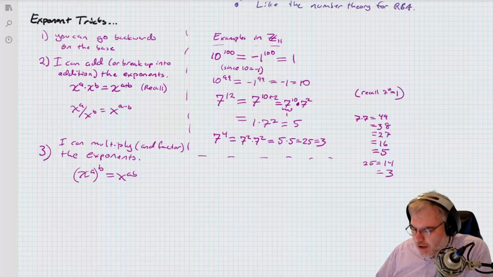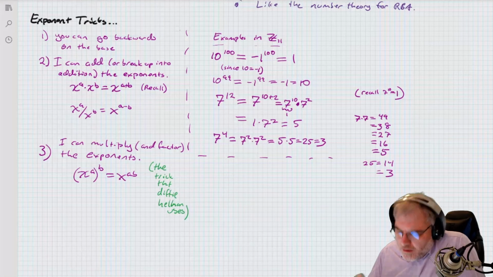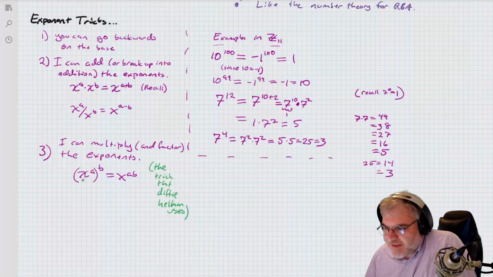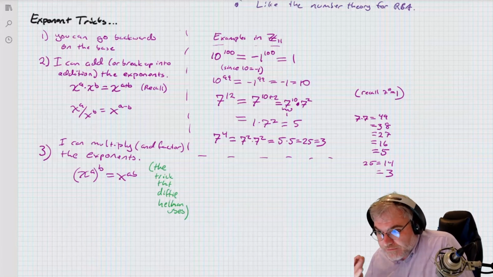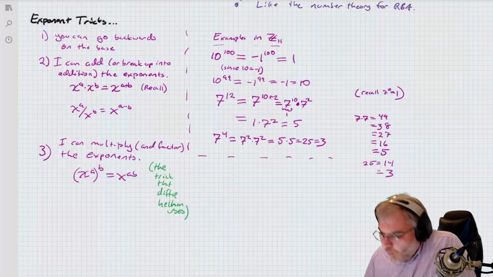And this is the trick that RSA and Diffie-Hellman use. Now, why is that useful? That's useful because if I can get my base to be -1 or 1, that is easy to compute. How do we feel about that, 1 to 5? I can change my base by using this trick.